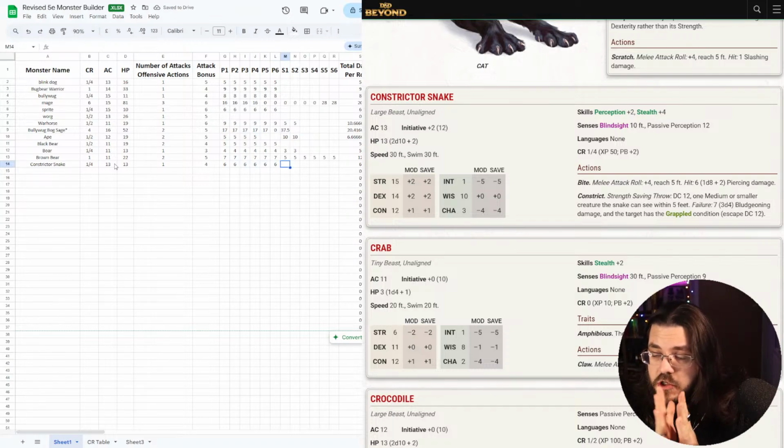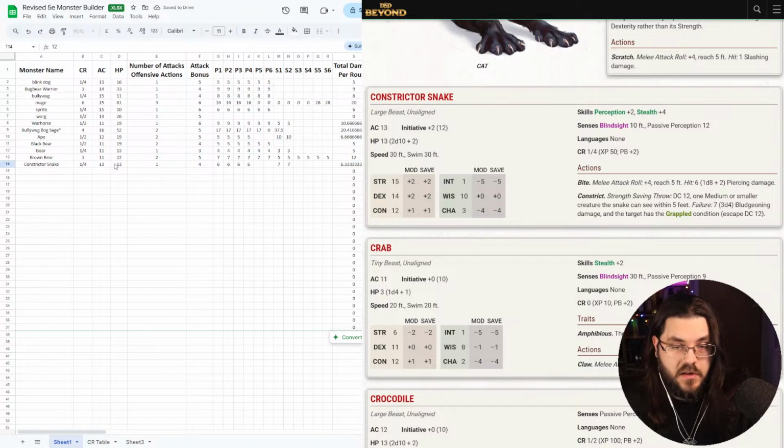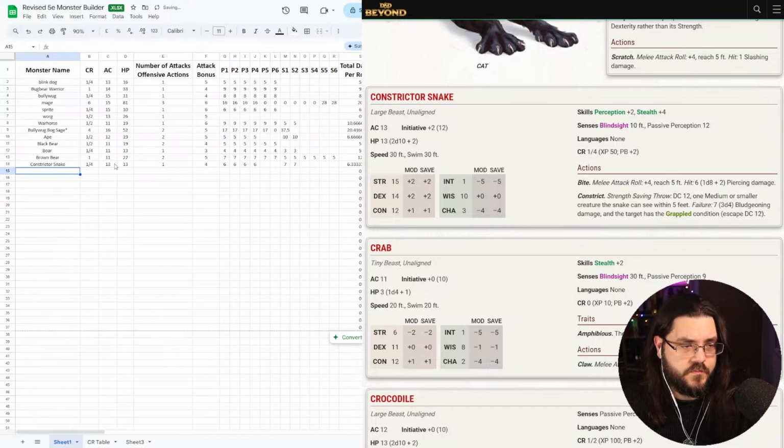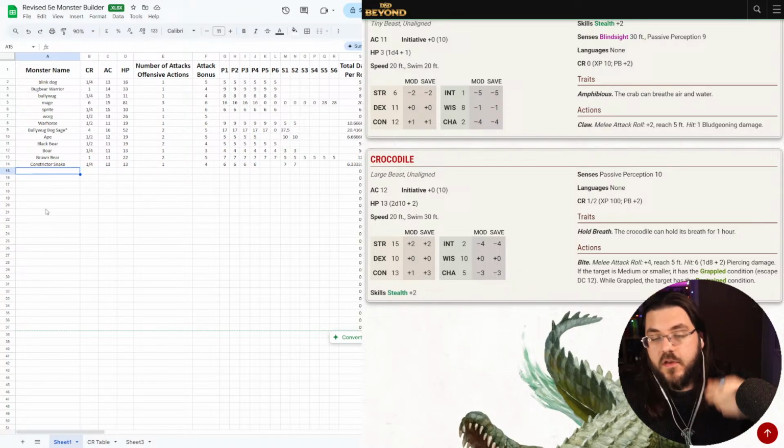So it can constrict instead of biting. It's a medium creature, it can see within 5 feet. On a fail, they take 7 damage and they have the grappled condition. So we're going to assume that it's going to try and do that twice. It'll take 7 damage for constriction, and its save DC is 12. And then crab is too low for us to be concerned with.